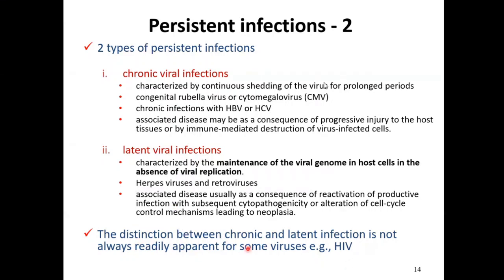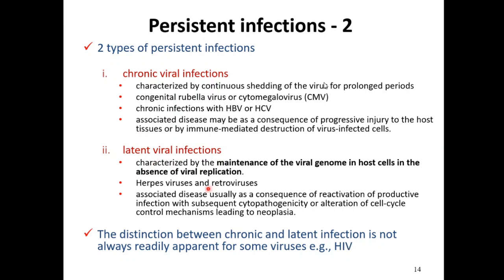So sometimes it is difficult to make a clear distinction between chronic versus latent infection, as sometimes HIV can be latent, but also chronic. Latent viral infection, but chronic. How?